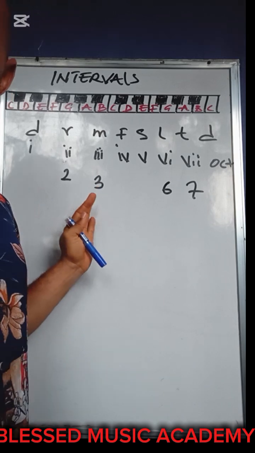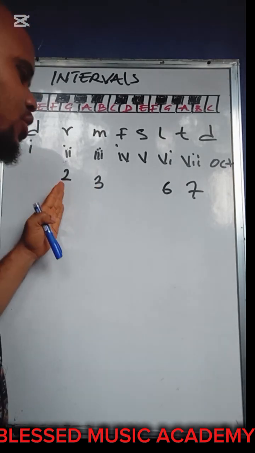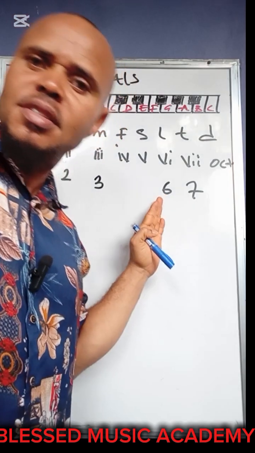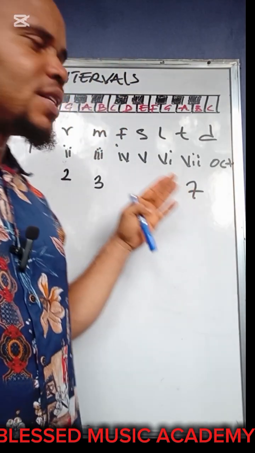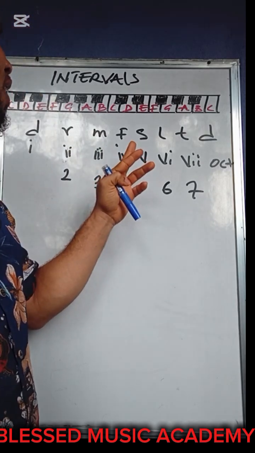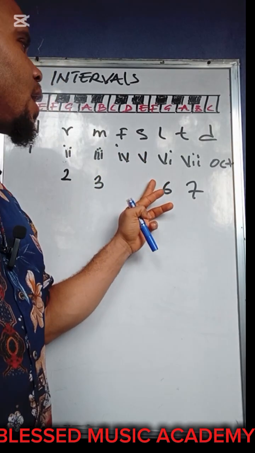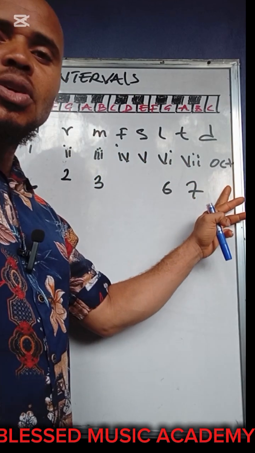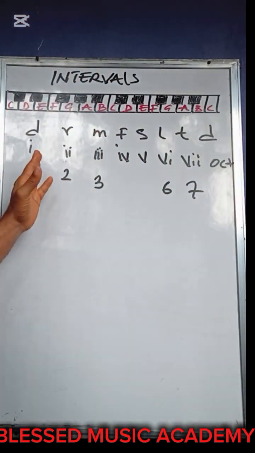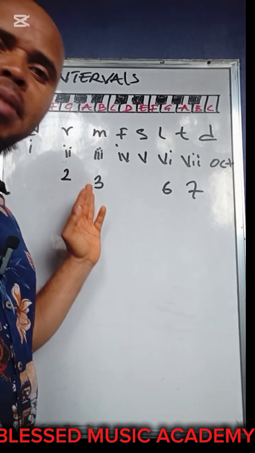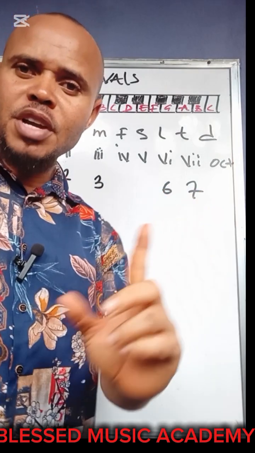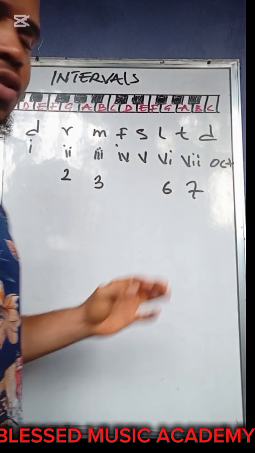That means we have major second, major third, major sixth, and major seventh. There's nothing like major first, major fourth, major fifth, or major octave. So the only major intervals are major second, major third, major sixth, and major seventh. Now I'm going to explain this more as we continue.